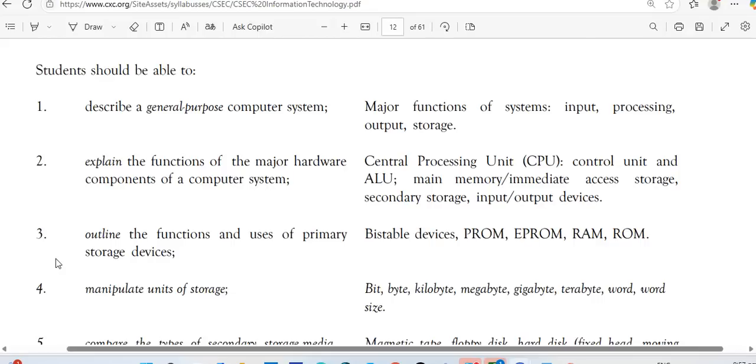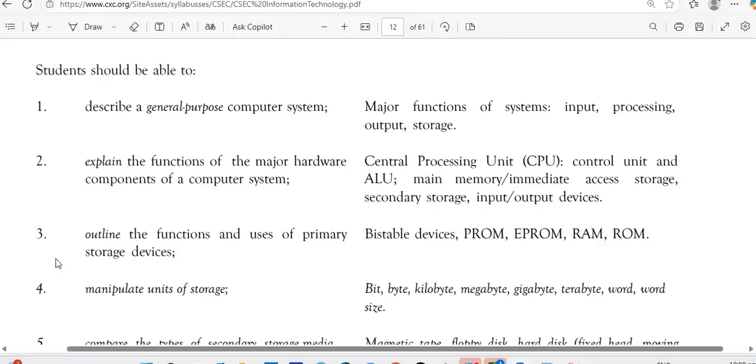So if you're using your computer to search for information, you have to type the information on the computer, and then that means you are interacting with your computer system. Then the CPU receives the data that you put into the computer from the keyboard. And after receiving the instructions from the keyboard, the CPU is able to do the job to provide you with the information that you are searching for.